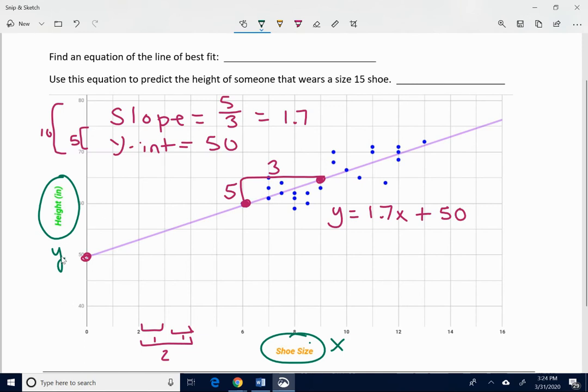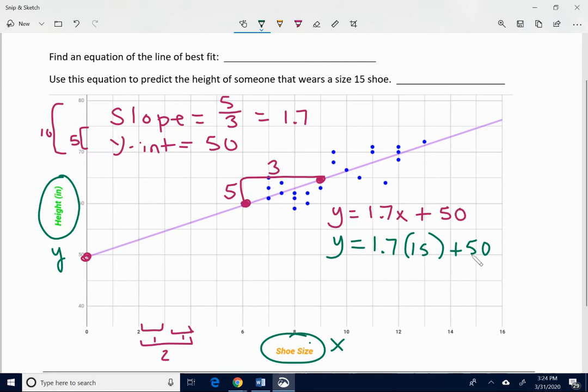So we're going to leave the y alone. For someone that wears a size 15 shoe, x is the shoe size, so that's what we're going to put into the equation. We're going to rewrite the equation, but we're going to replace x with 15, because 15 stands for shoe size, which is on the x-axis.